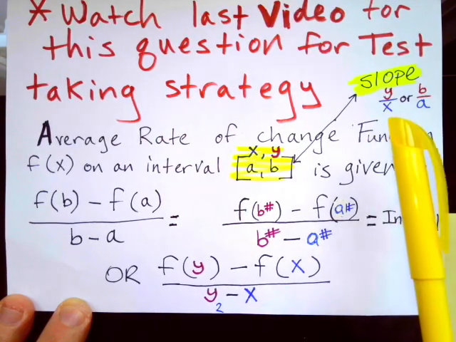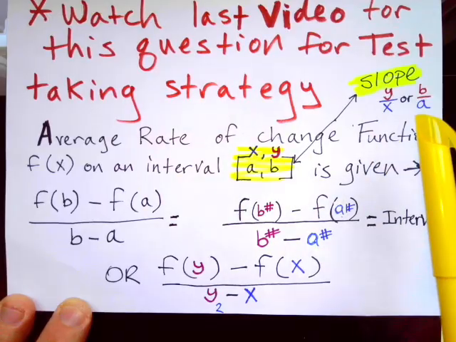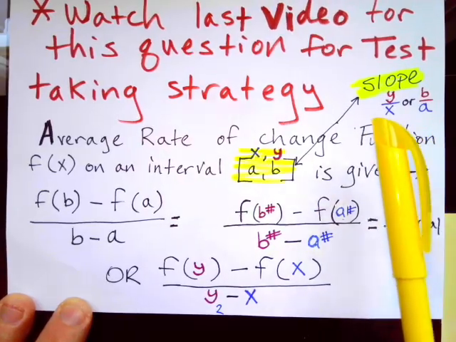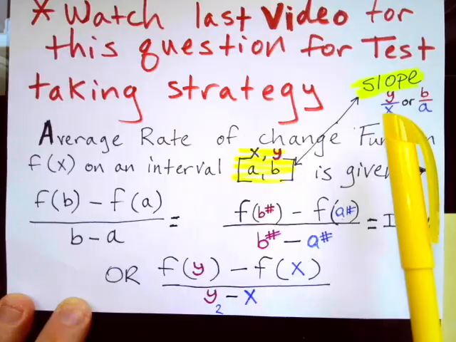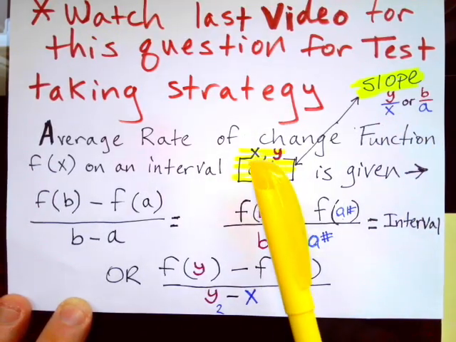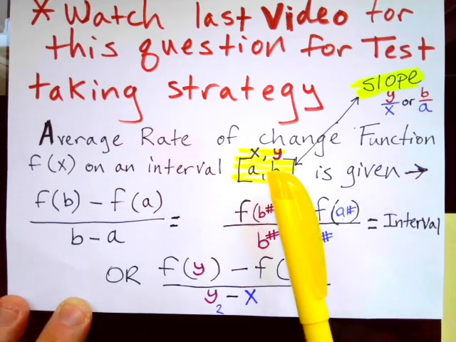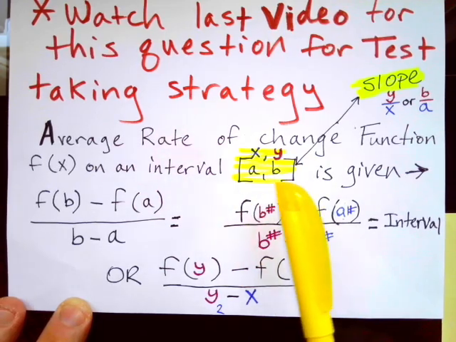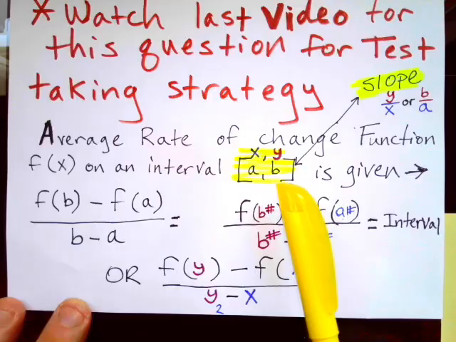If that doesn't click, don't worry about it. I'm going to go over it in other videos, and maybe it'll click a little bit later. So every slope is a fraction, y over x. So here, your x is represented by a, your y value is represented by b. That's what's inside of these brackets, right?